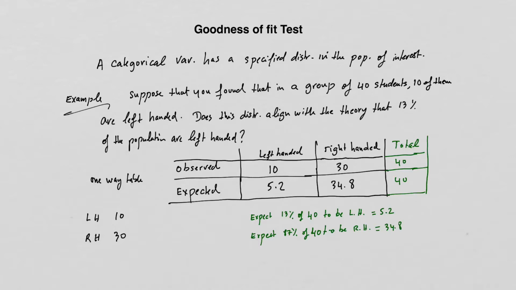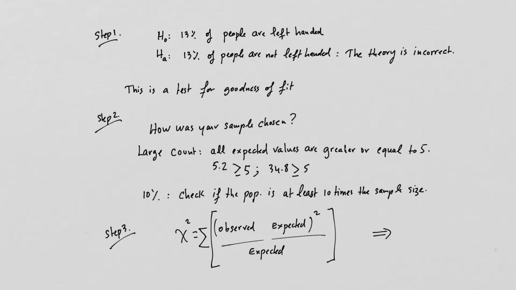You can do it differently. Since you know your total is 40, and you already found that 5.2 are expected to be left-handed, 40 minus 5.2 should also give you 34.8. So this is a one-way table. I found the expected values because there are very few, so it's easy to figure that out. And now we are going to begin.